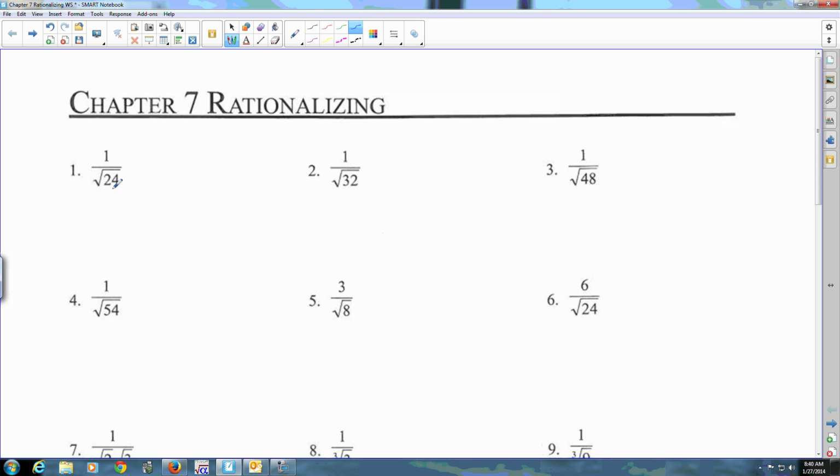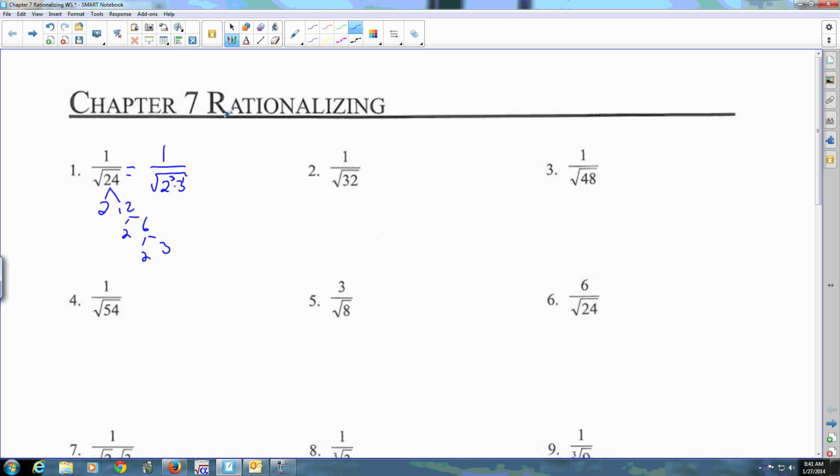The first thing that I would like to recommend that you guys do is you prime factor them. 12, and we've been working on this recently. So this is 1 over the square root of 2 cubed, 3 to the first.